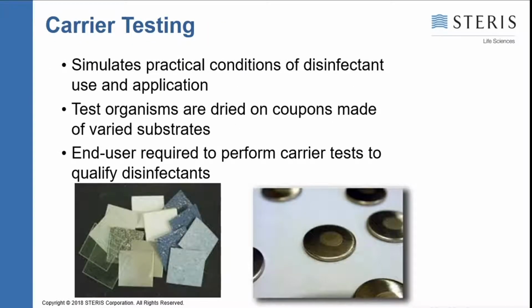For the carrier testing, as I've mentioned, you use very small carriers for the testing. You can even cut the carriers down to that 1 or 2 or 3 centimeter size to make it much easier to work with. And then, of course, you will have to determine through risk assessment what coupon surfaces, as well as what environmental isolates you're going to use in your tests.